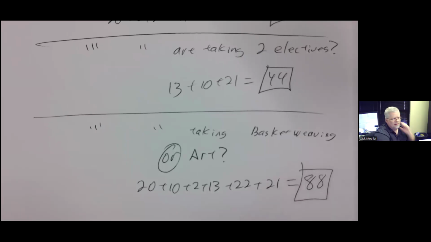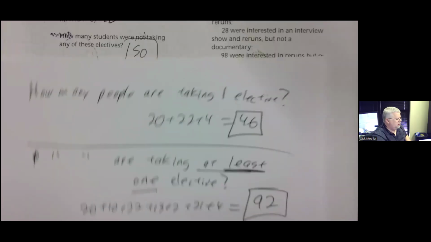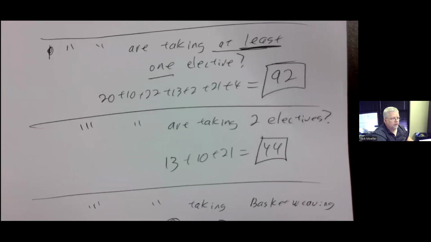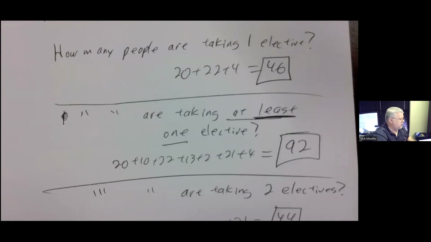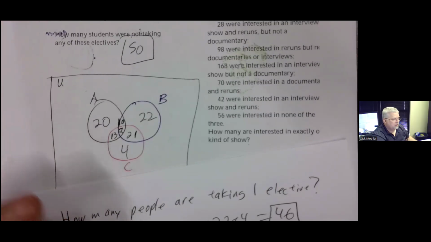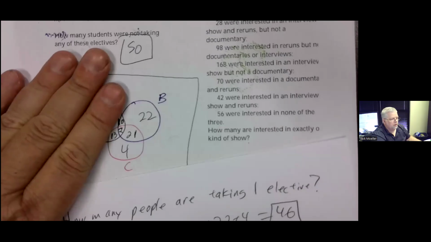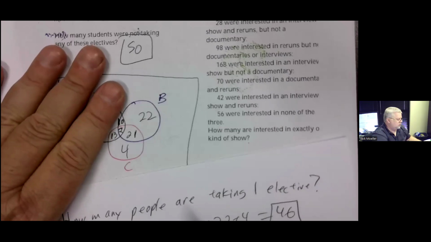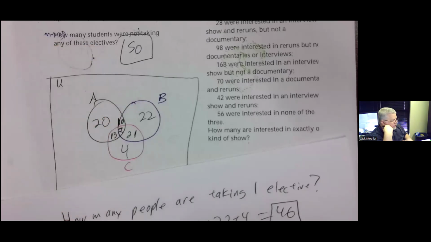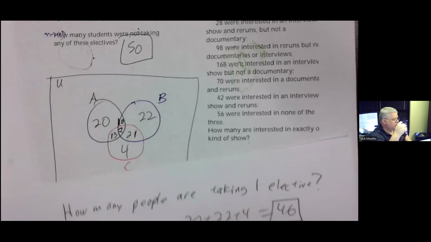So this is where it can be a bit challenging: even though we're dealing with 3 sets, we could easily ask you questions that are just talking about 2 sets, and you have to basically ignore the third set. Like if I was talking about B or C, then you have to ignore A and just think of that as 2 circles. These are the top end problems in 2.5.